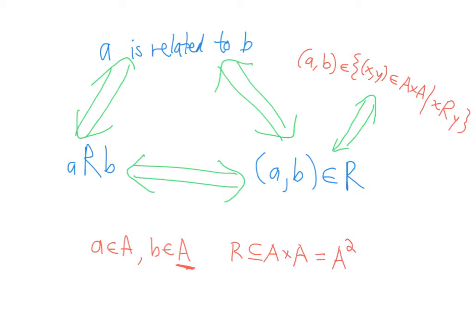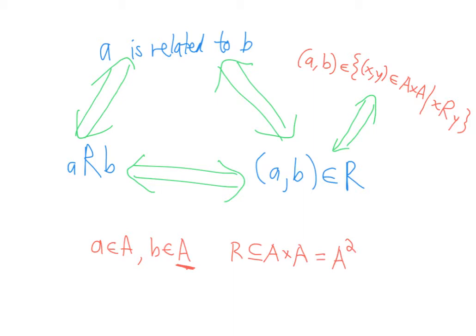Now, there's an important notation that we should consider when we're talking about relations, which was talked about in the last section, but we're going to use it a lot more in this section.